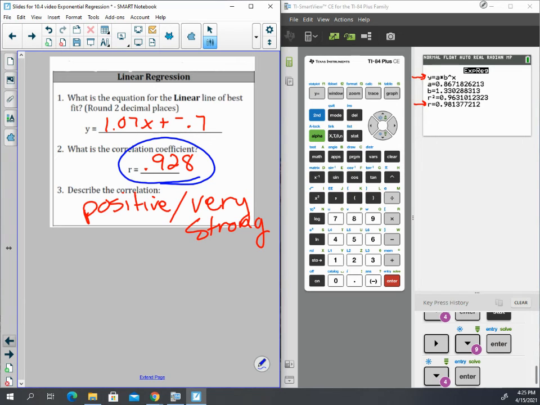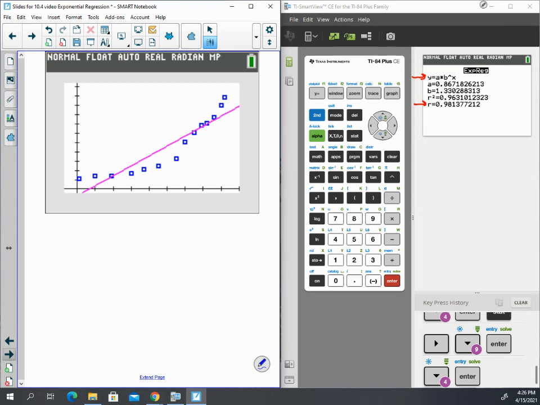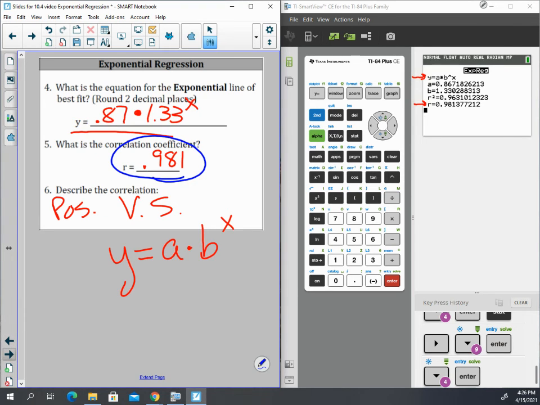The one that's closer to the number 1 is the strongest. Here we have 0.928, and our exponential one we figured out was 0.981. And 0.981 is stronger.